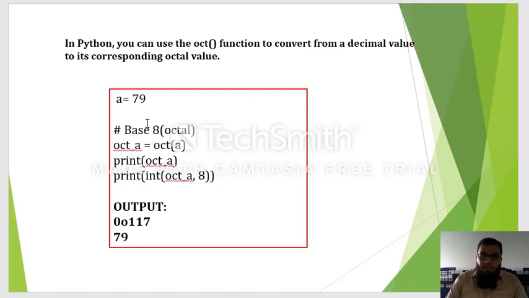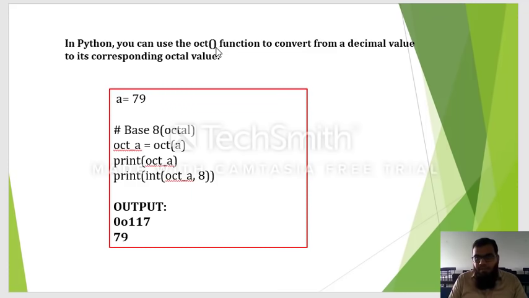Next, Python uses a special kind of function directly to convert any integer number into an octal number. Okay, so we use a function called oct. Oct is a function which can be used to convert any decimal number into an octal number.